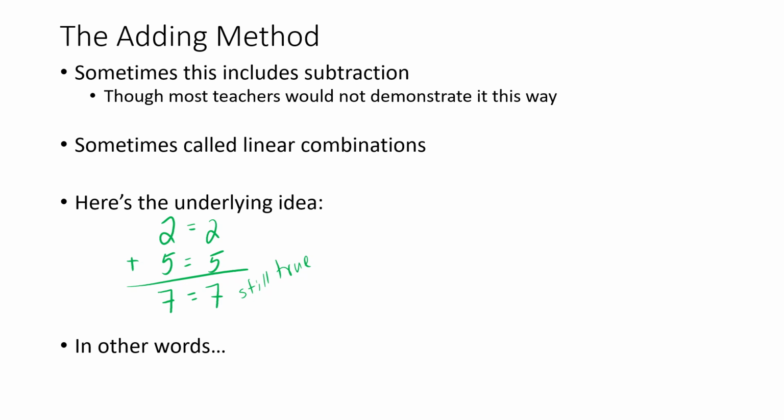Now, here's where it might get a little bit more interesting. If you have, say, x is equal to 3 and y is equal to 7, and you add them, then the left side is x plus y, and the right side would be 10. What I want you to notice is that you can add your equations going down.